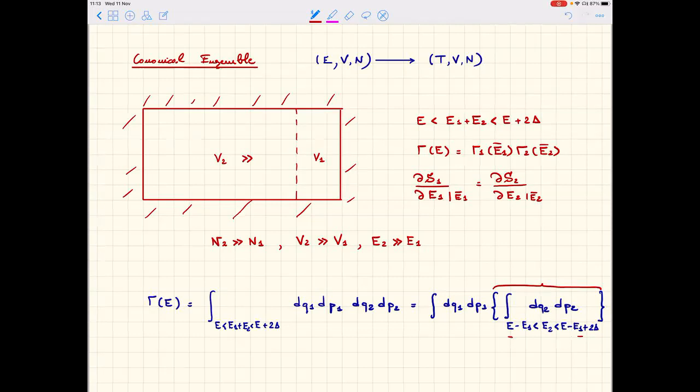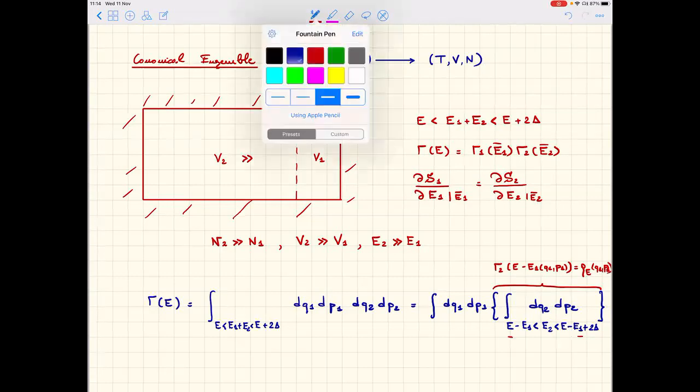Anyway, this integral here, I call it gamma 2 of E minus E1, which is in principle a function of Q1 and P1, right? The energy of system 1 depends on the phase space configuration of system 1. And let's call this rho of E, Q1, P1. Why do I call it rho of E?